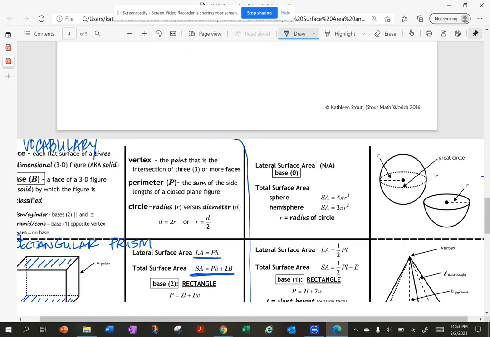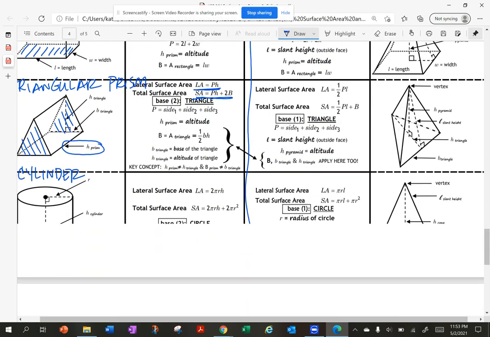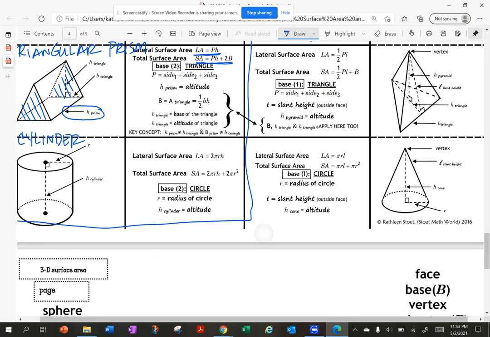So the formula for a cylinder is different than a formula for a prism. So my lateral area is 2 pi r times h, and surface area is 2 pi r times h plus 2 pi r squared, where h is the distance from base to base. So the height is the same reference from base to base.